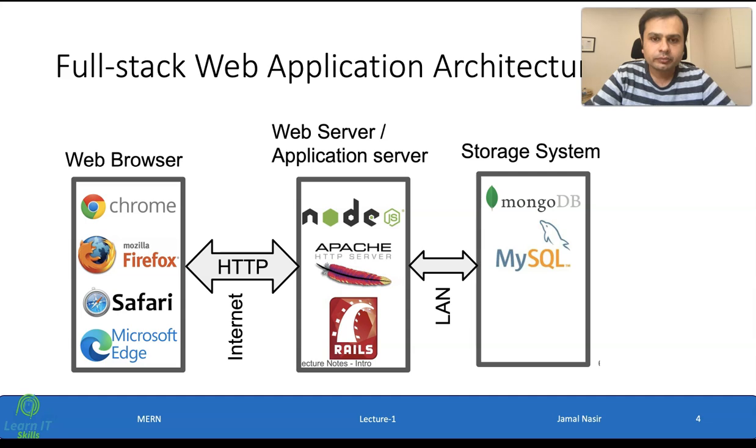And for that Node.js server or any web server, if we want to store some information on a permanent basis, then we do need some storage system. It could be a relational database, MySQL, Oracle, right? Or NoSQL, MongoDB. In this course, we will be covering MongoDB.